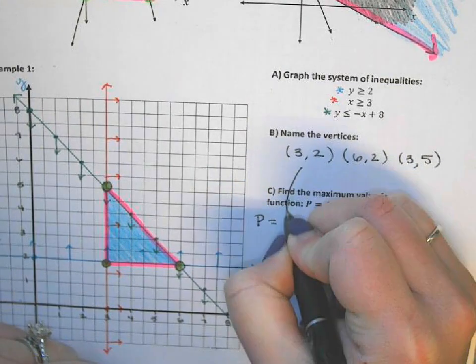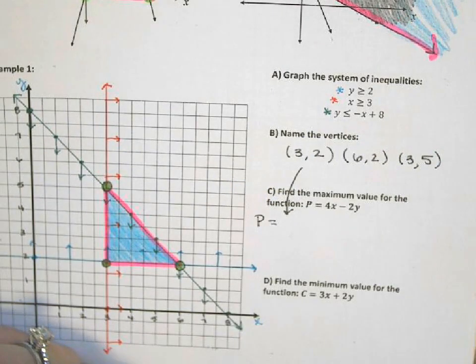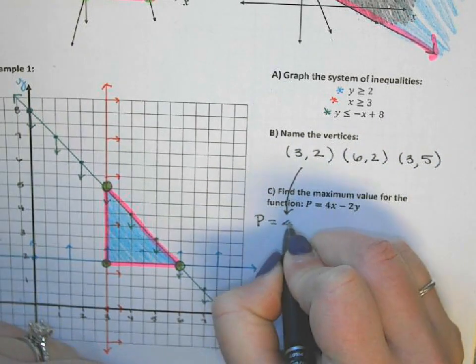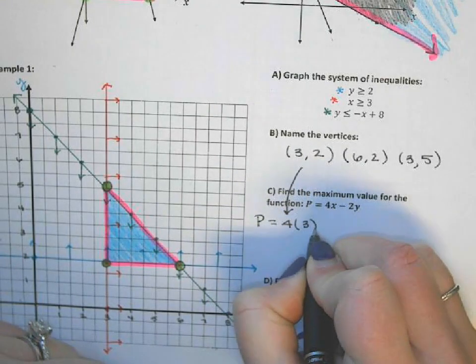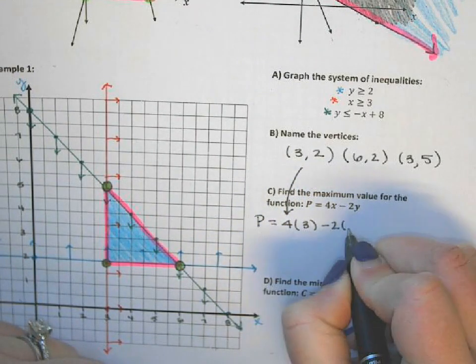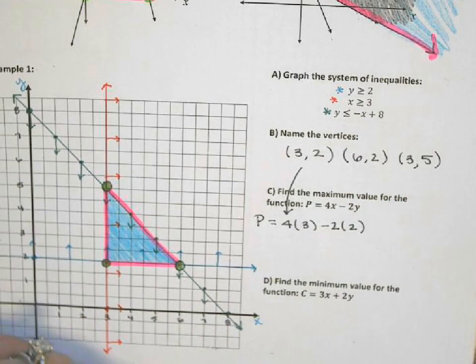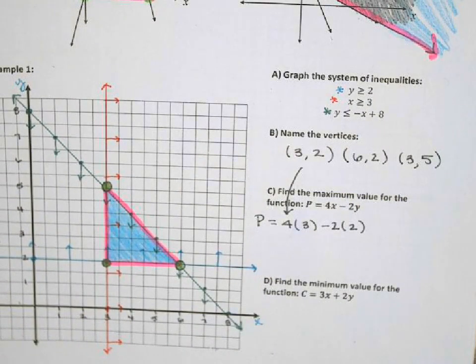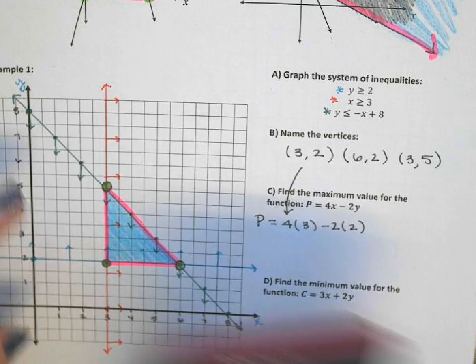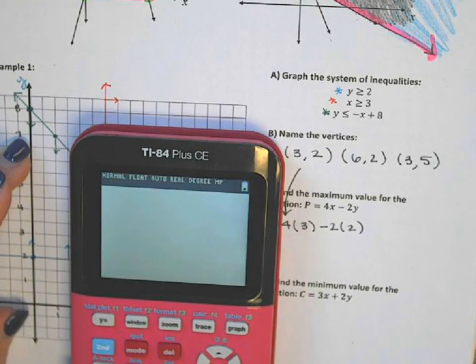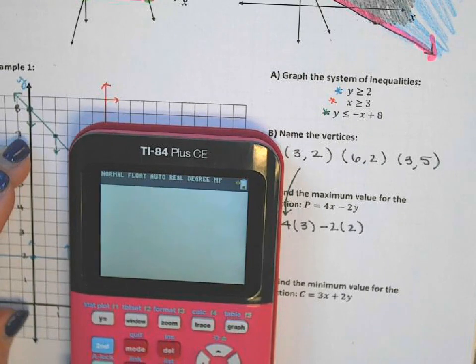if you plug in 3, 2. 4 times the x value is 3 minus 2 times the y value is 2. Now just use your calculator. What is the profit going to be? 4 times the 3 minus 2 times the 2. 8.